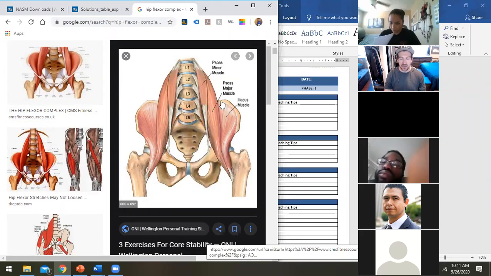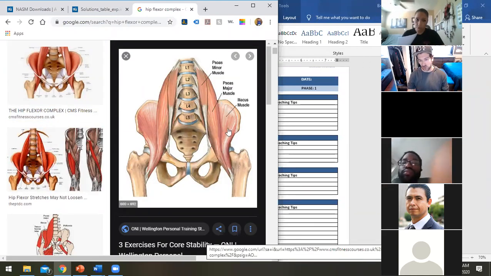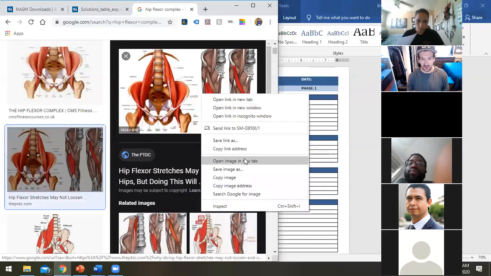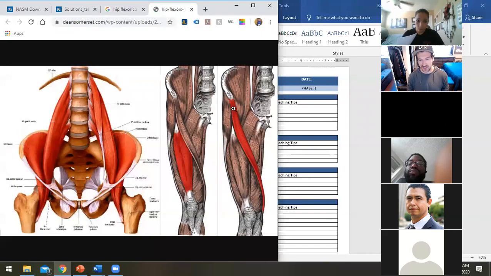See how your iliacus runs right in here and then inserts onto the femur, and then your psoas major and minor are running in this direction as well, and they're attaching to the spine there. That's pulling that anterior portion. But then, also part of your hip flexor complex, you are going to see right here.